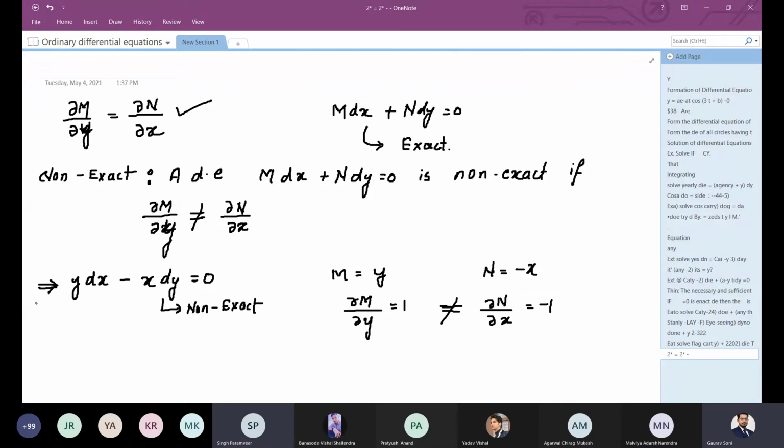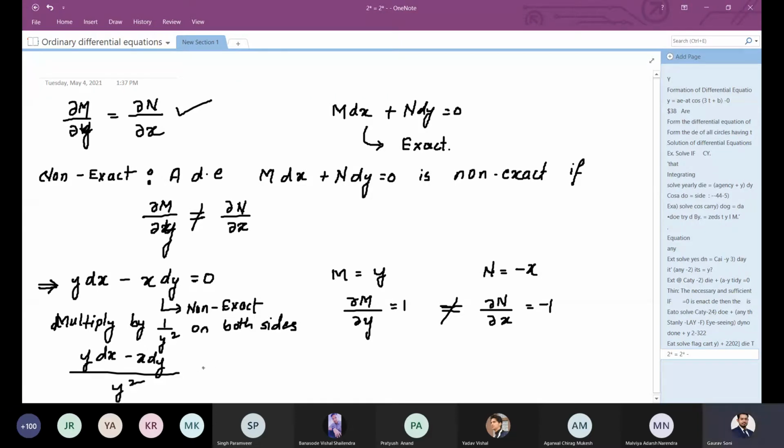So we'll divide by y square. Multiply by 1 by y square on both sides. So this will become y dx minus x dy divided by y square, and 0 by y square is actually 0.